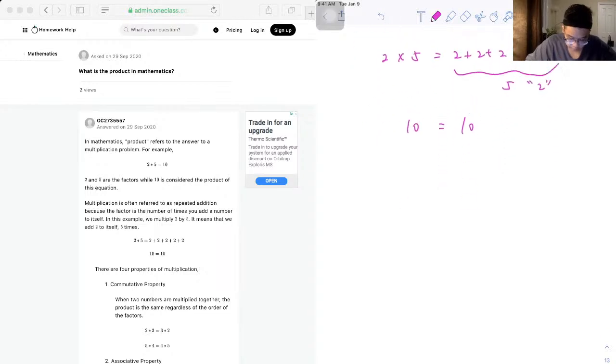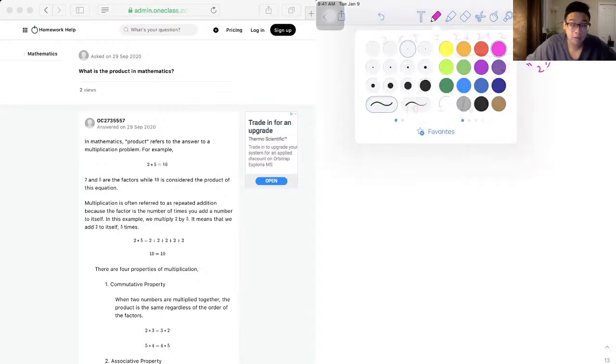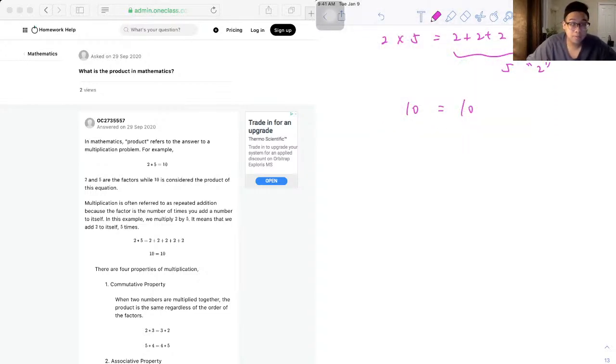Yeah. And coming up, we have our properties of multiplication. So let's use blue for properties.